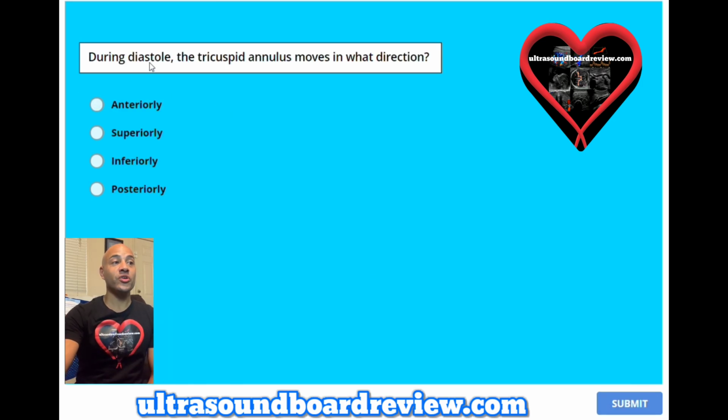Question 91. During diastole, the tricuspid annulus moves in what direction? A, anteriorly, B, superiorly, C, inferiorly, or D, posteriorly? The answer is B, superiorly.